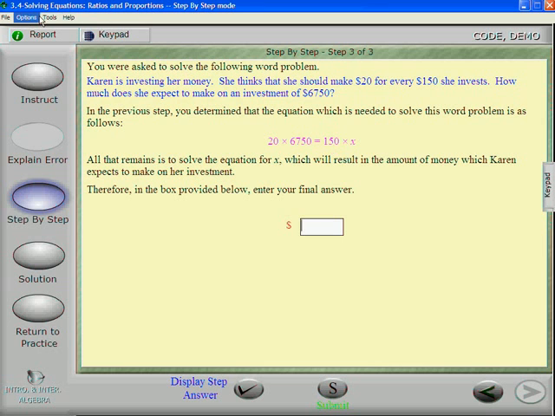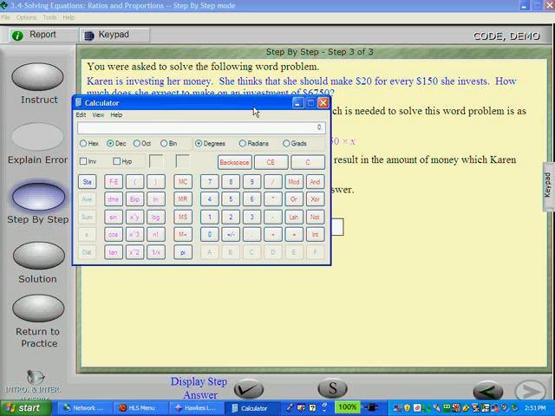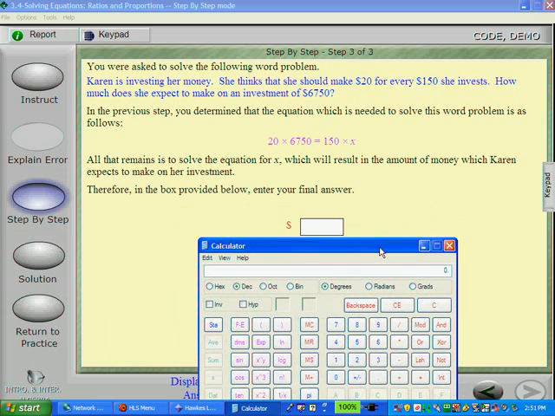So if I go to my tools option, get a calculator, I assume most of you have figured that out, because I know in the introduction I talked about how you could find the calculator, but you can use the Windows calculator and just say 20 times 6,750. It's 135,000. And when I divide both sides by 150, I end up with 900 as a result.